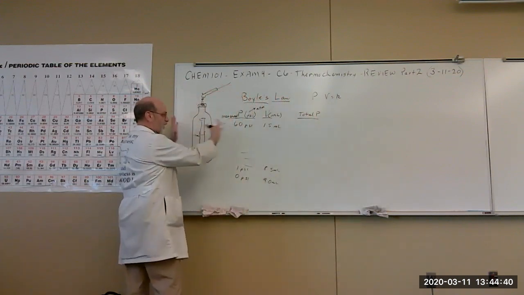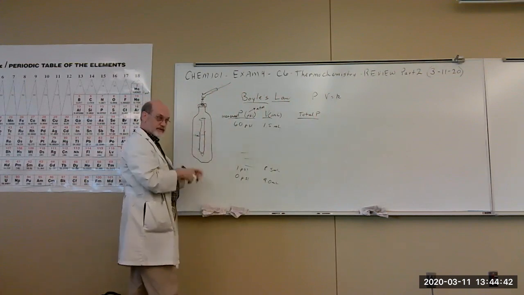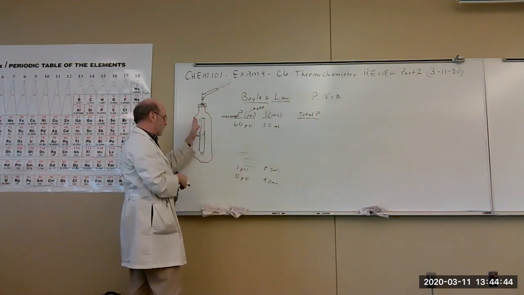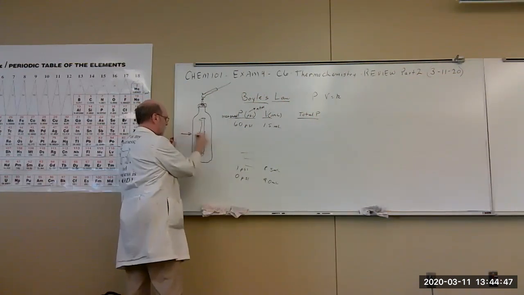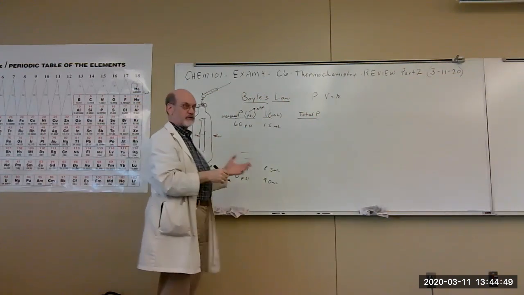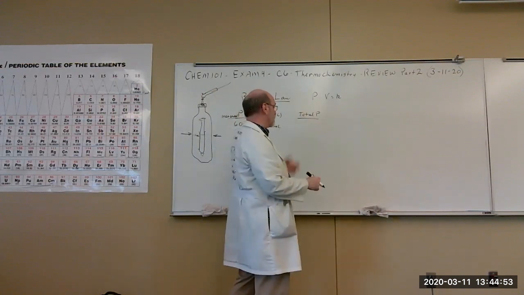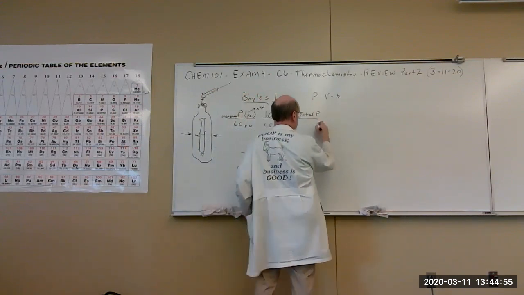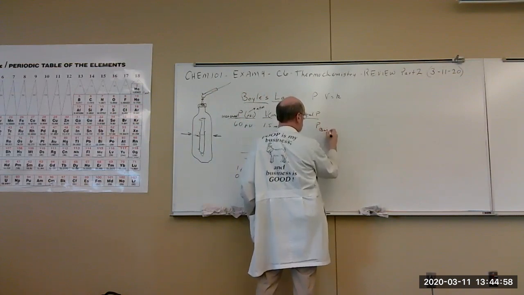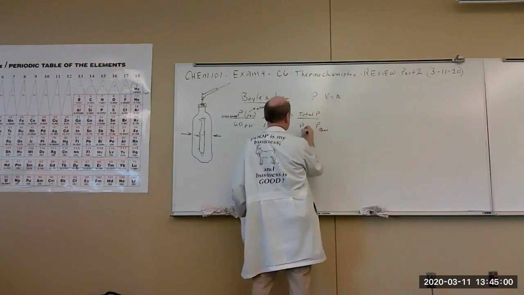Because there's still pressure bearing down on this. So the total pressure is whatever you measure plus whatever is squeezing that bottle, barometric pressure. Right? So we have to look at the barometer and get that pressure, and it'll be the same. You'll add the barometric pressure to each one of your measured pressures.